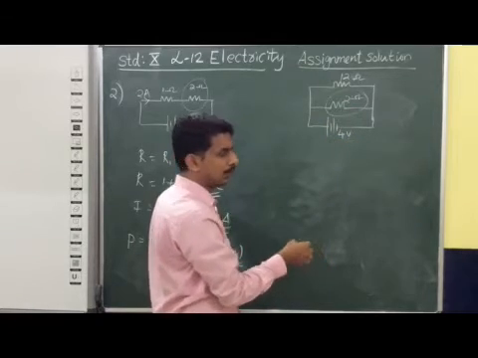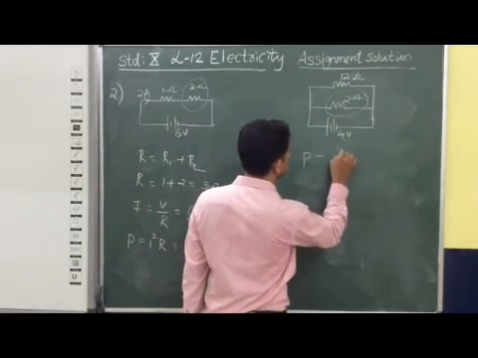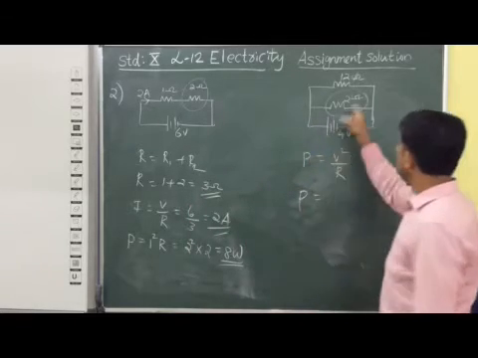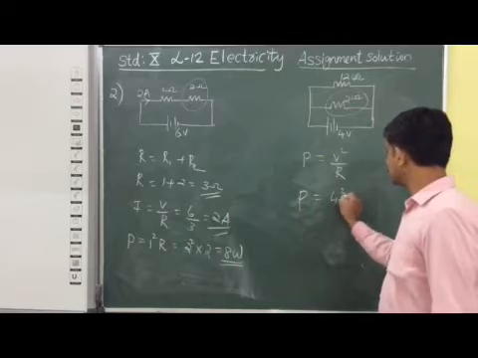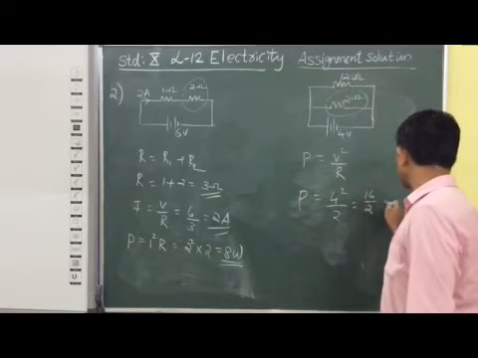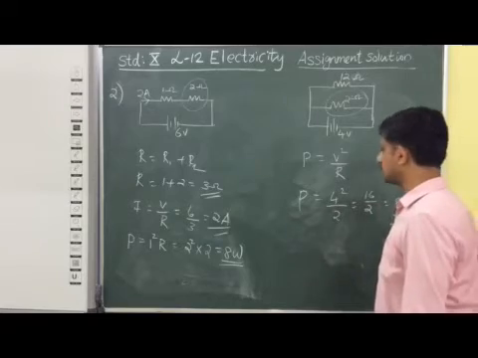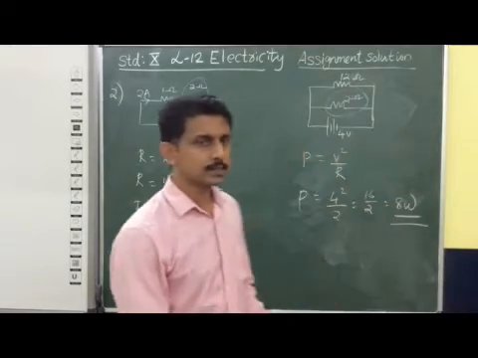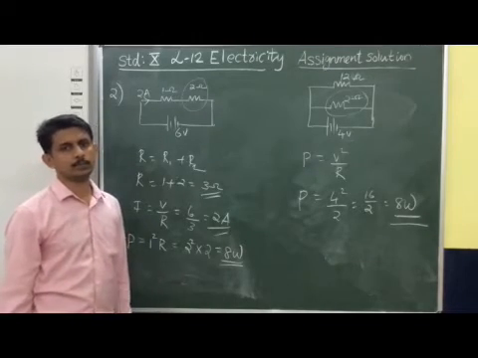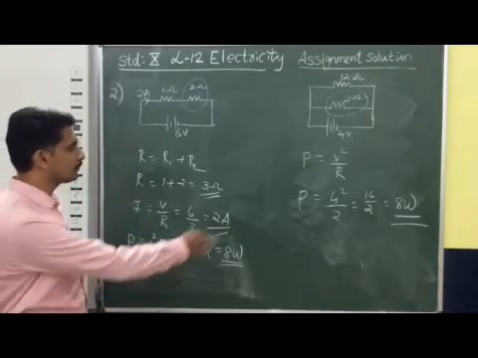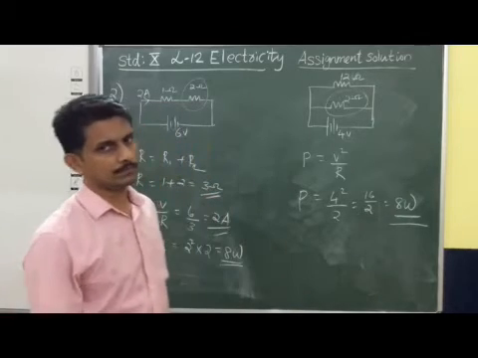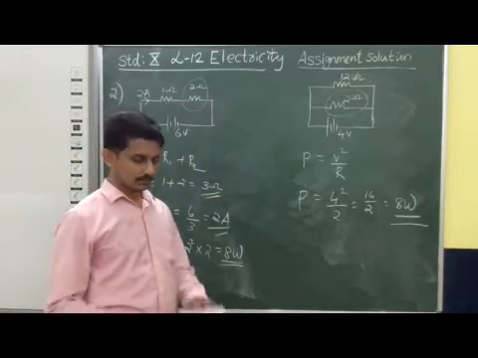We can calculate the power easily using P is equal to V squared by R. That means 4 squared divided by 2, so 16 divided by 2, that means 8 watt power is consumed. So in both the cases, the 2 ohm resistor is consuming 8 watt power. So P1 is to P2 is 1 is to 1.